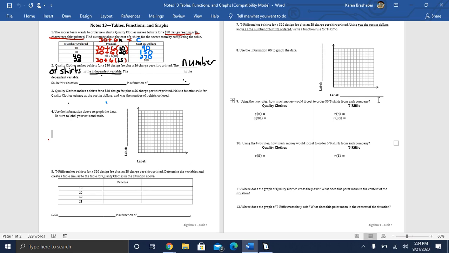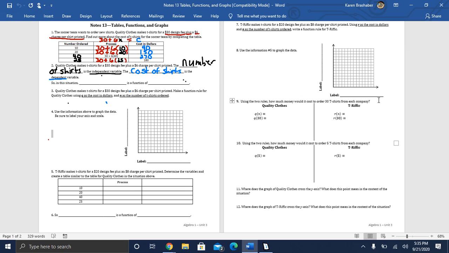And the amount that we're calculating that depends on our number of shirts is the cost of the shirts. So that would be our dependent variable. That will be affected by how many shirts we're ordering.